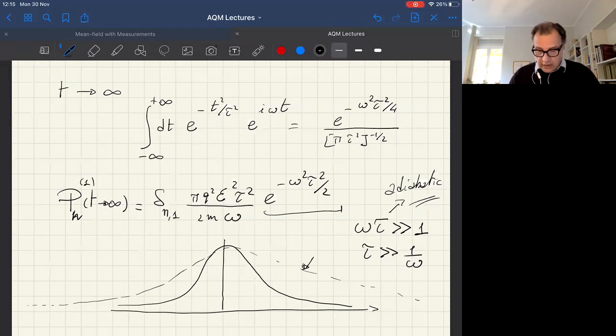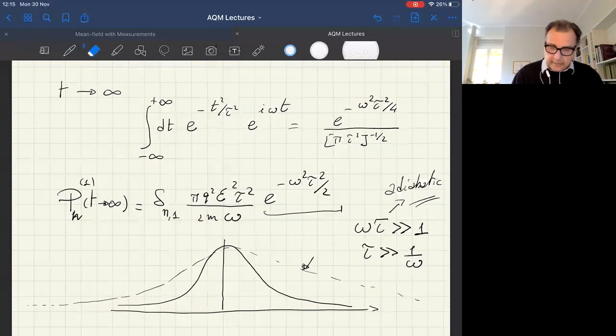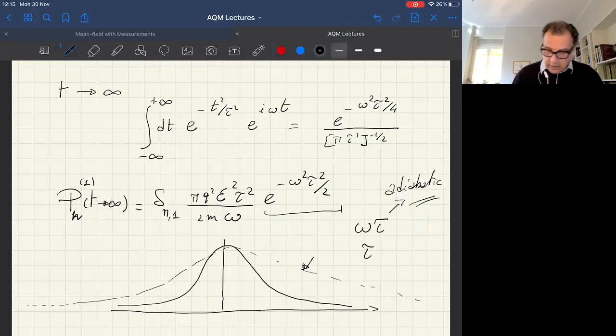Okay, now let's go to the other limit. The other limit is when I take omega tau much smaller than 1.